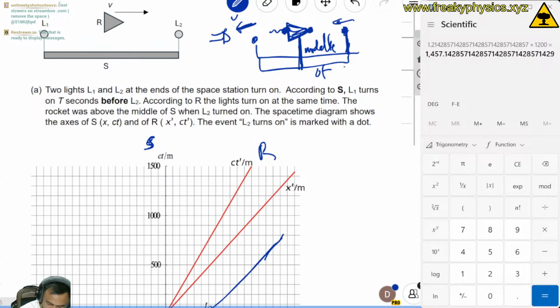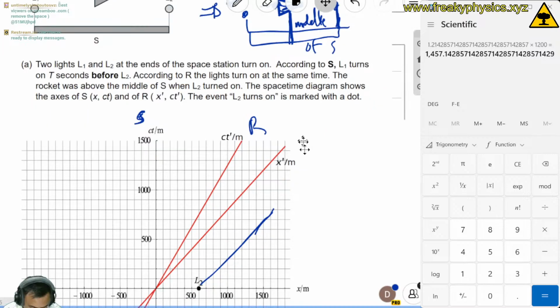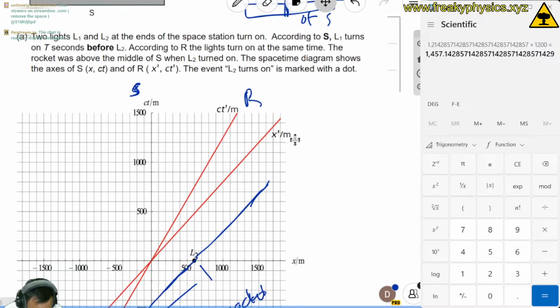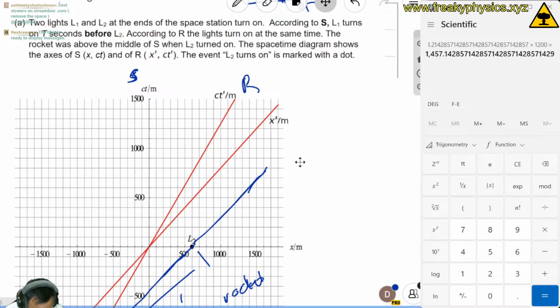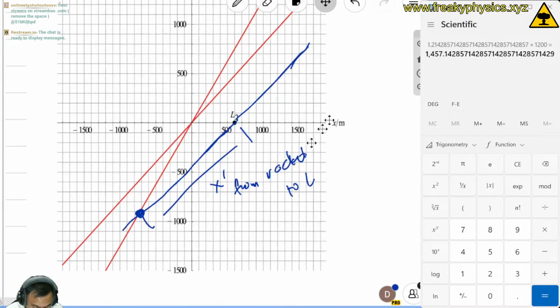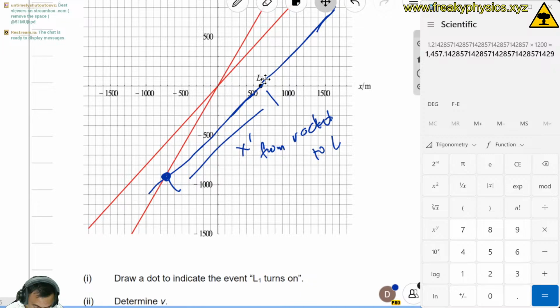Middle of S. That's where the rocket is. So in this case, the rocket is now moving. Even though it's moving, it's right in the middle of S. So in other words, you can consider that since those two lights turned on and then it's at the middle of the rocket, that the distance that, no, not the distance that the light travels, but the position of the light.